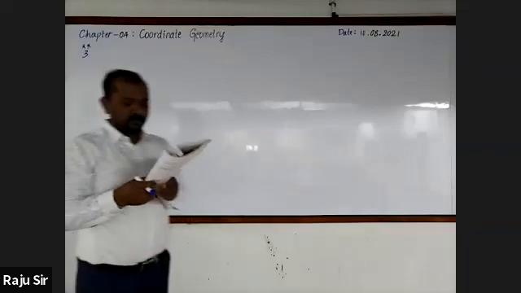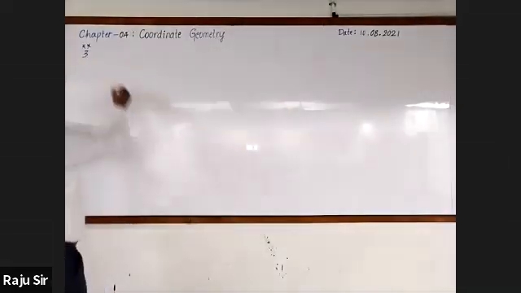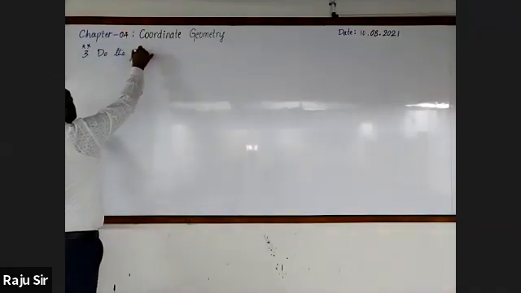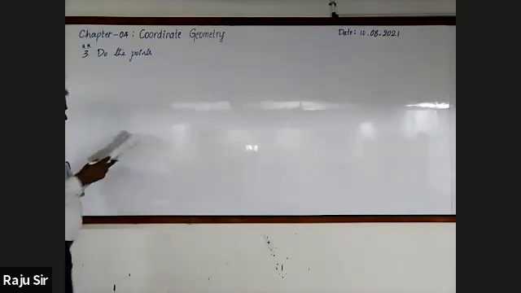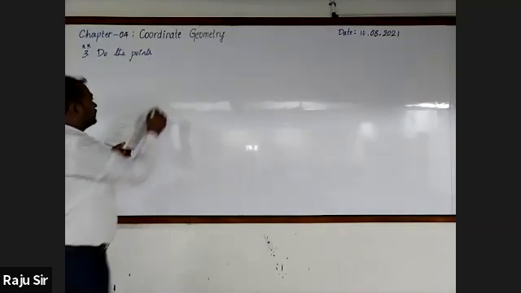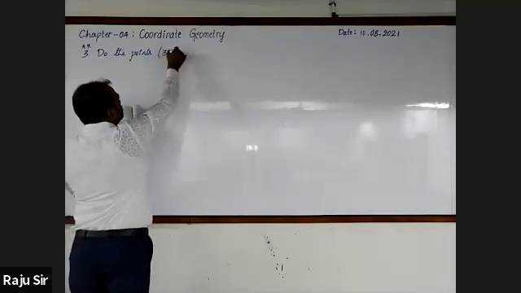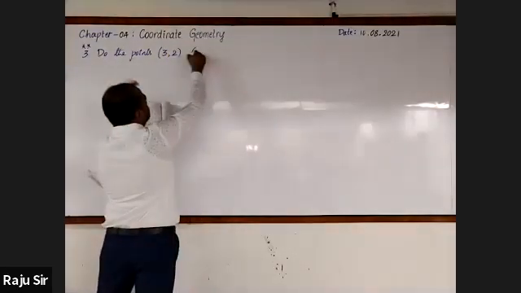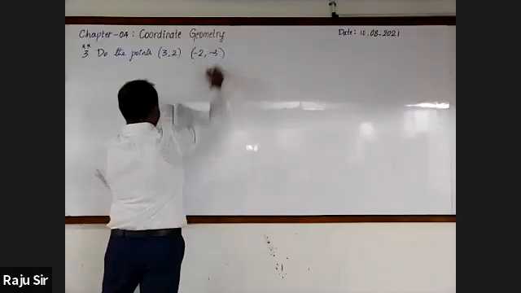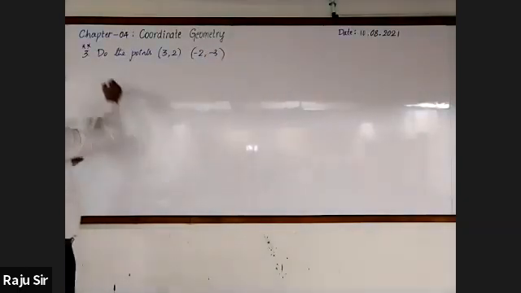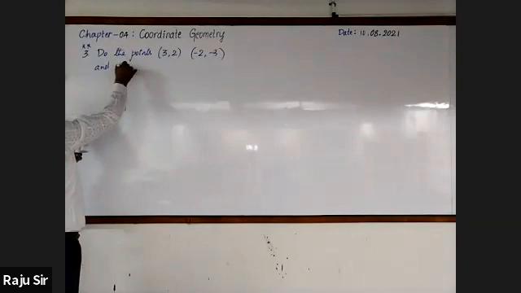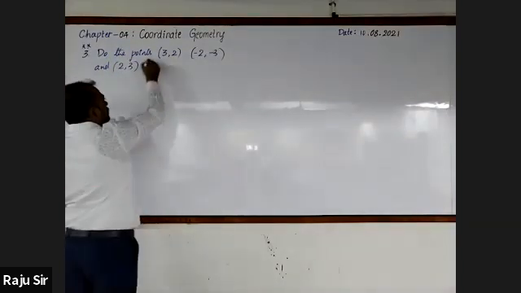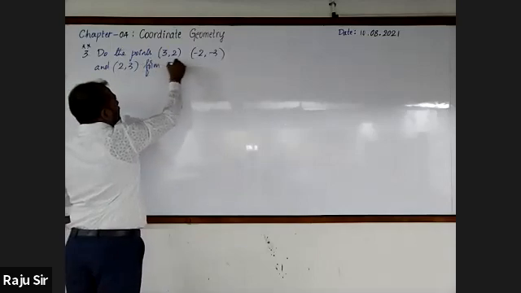Do the points (3, 2), (-2, -3) and (2, 3) form a triangle?